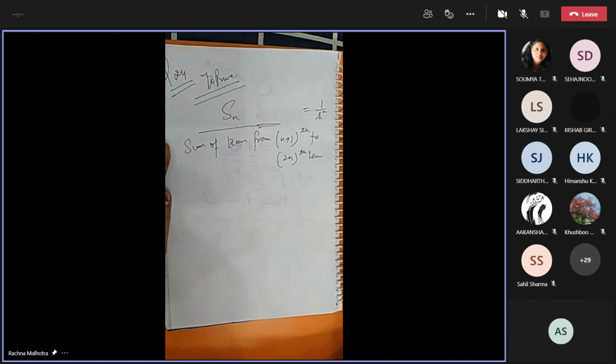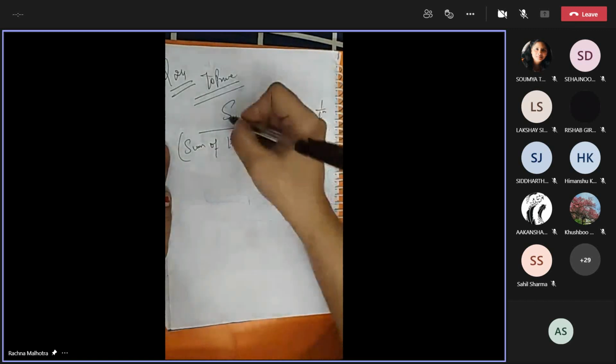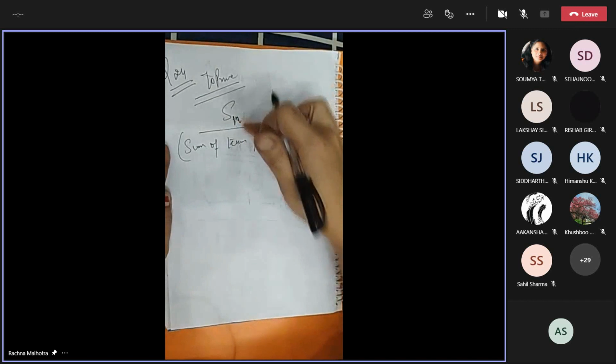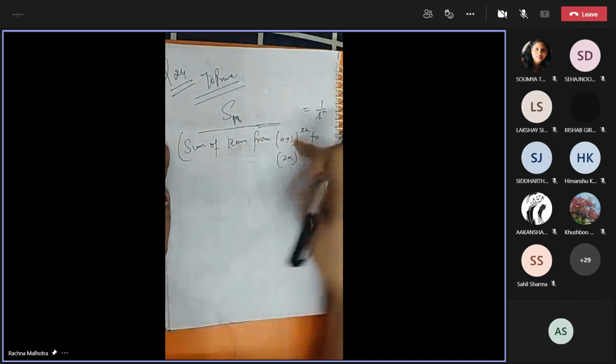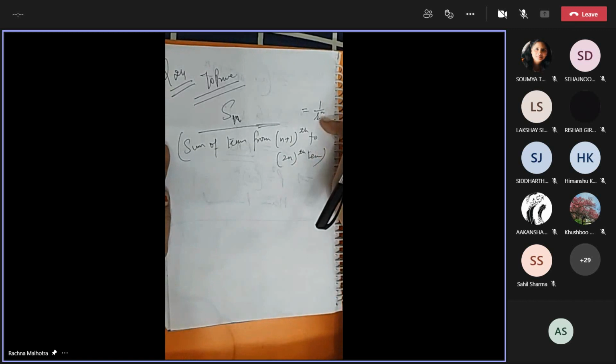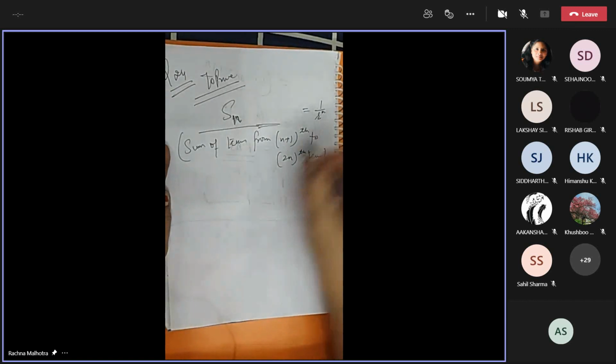Hope you all have understood the question. What we have to show here is that the ratio of the sum of the first n terms with the sum of terms from n plus 1 to 2n should be 1 by r to the power n.